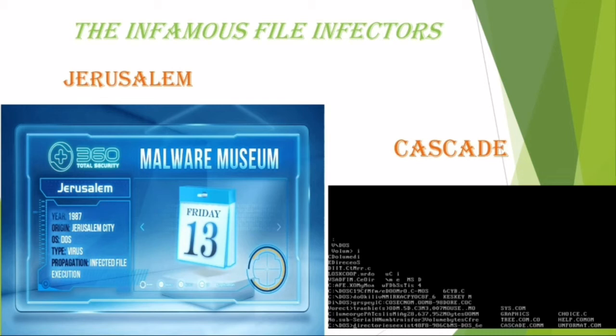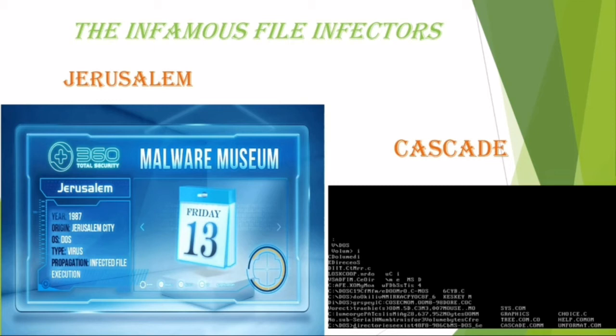It was the year 1987 when this type of file infector was first discovered in Jerusalem city. At the time, the most popular operating system was MS-DOS, a Microsoft-based operating system, and the Jerusalem virus started infecting it. Now, what does the Jerusalem virus do?